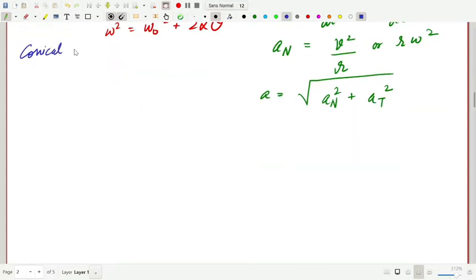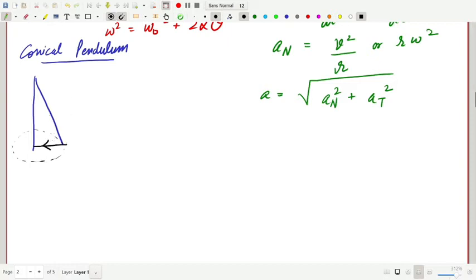Conical pendulum diagram, moving in a circle. This is tension T, this is weight mg, height h, length L, angle alpha.